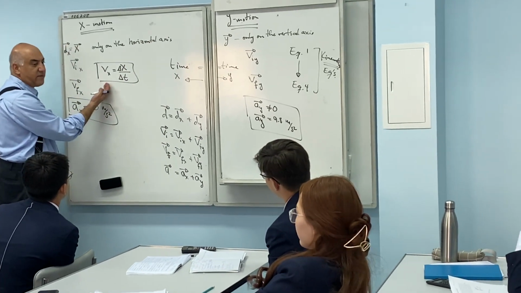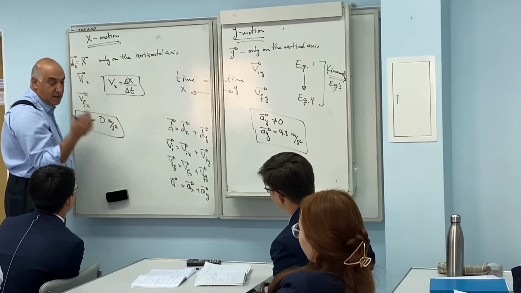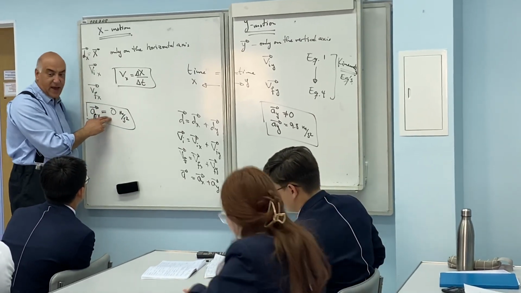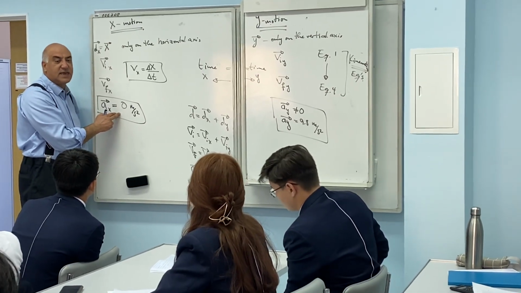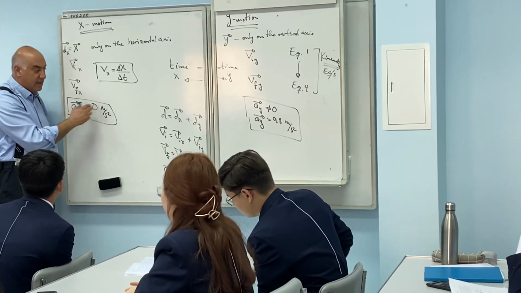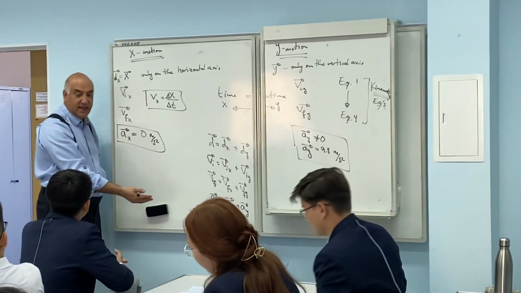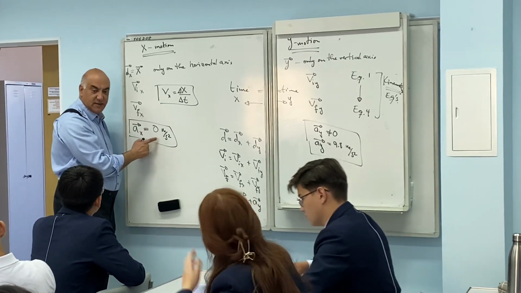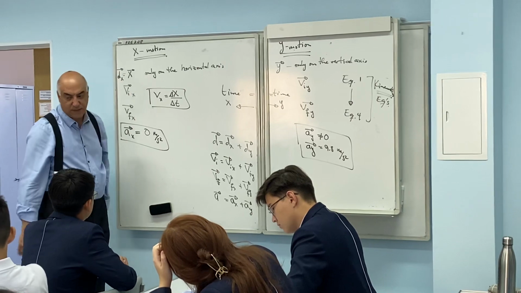Here I have only this formula, because there's no acceleration, acceleration is 0. Now, when does this break down? Whenever you see they say air resistance can be neglected, there is only one force acting. That means this is true. If they don't say air resistance can be neglected, you have a force here, because air resistance will stop your horizontal motion.